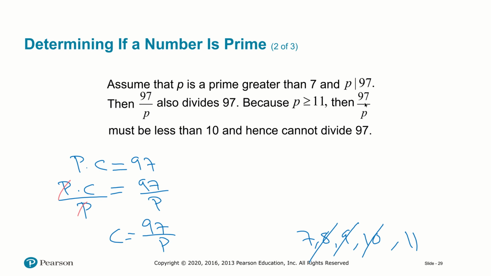So if you divide 97 by a number greater than or equal to 11, the result of that division is going to be less than 10. And therefore, it can't possibly divide 97. But we had established that 97 over p should divide 97. So that leads us to a contradiction, and therefore telling us that a number greater than 7 is not going to be a prime factor of 97.